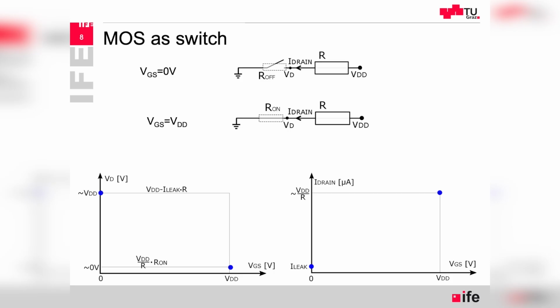At that point, when VDD is applied high, the drain current is approximately VDD divided by R, but only approximately because we have a certain drop due to the on resistance of our switch, which can also be significant. It depends on the balance in the circuit: the value of the R component that we add determines what value of R on will be acceptable.